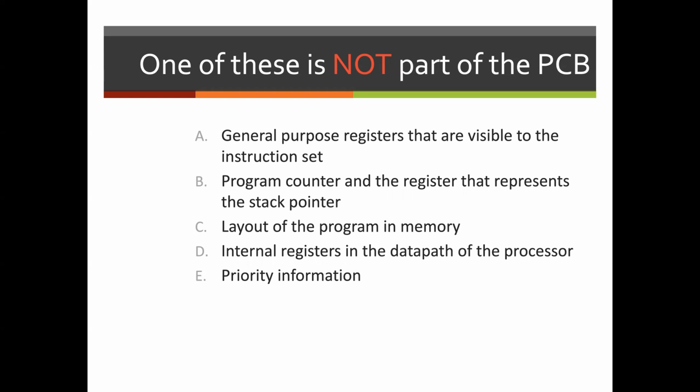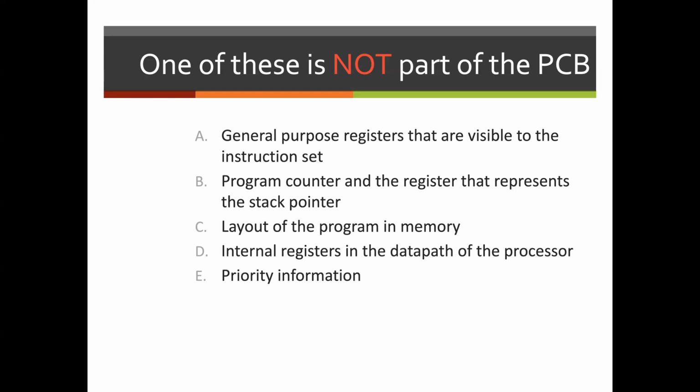C, the layout of the program in memory? D, internal registers in the data path of the processor? Or E, priority information? And so which one of these is not part of the process control block?